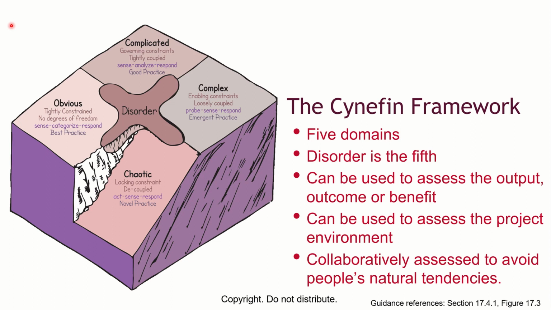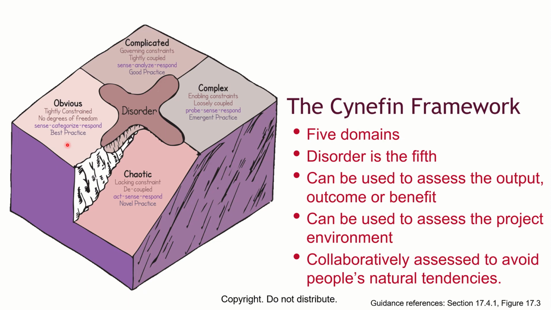When you talk about obvious, obvious means you have a tight constraint. You cannot but follow all the requirements because the organization already has best practice. No degree of freedom. You cannot easily vary anything without approval.